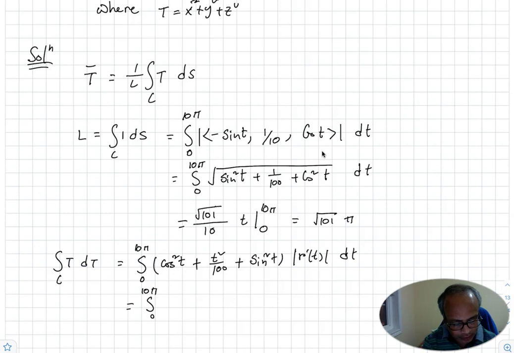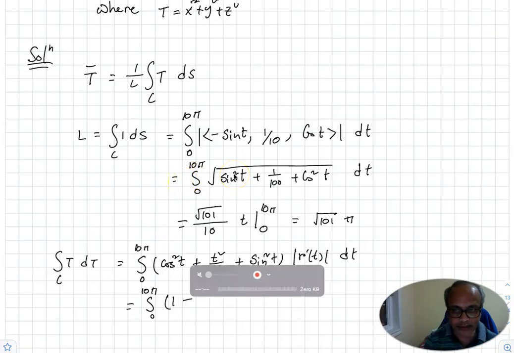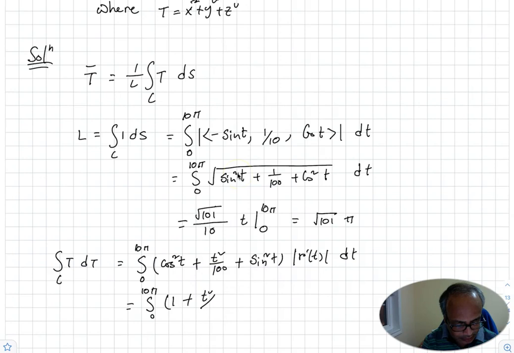I can carry out. So here cos square plus sin square, which is 1, and plus t square divided by 100. R prime t, we showed here, 1 plus 1 by 100. So this quantity, square root of 101 divided by 10 dt.